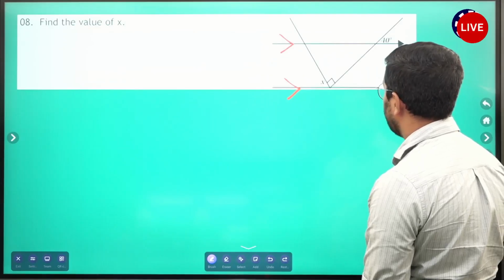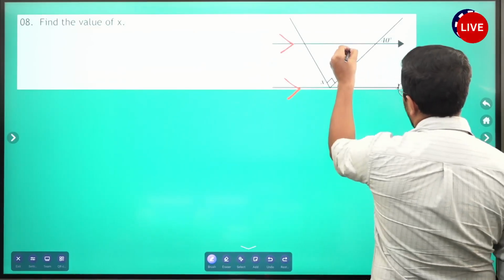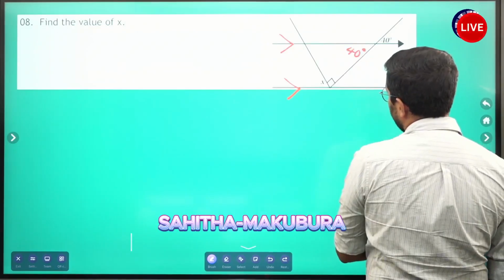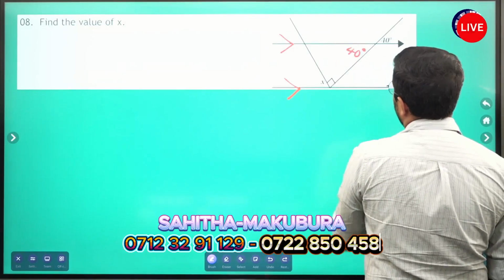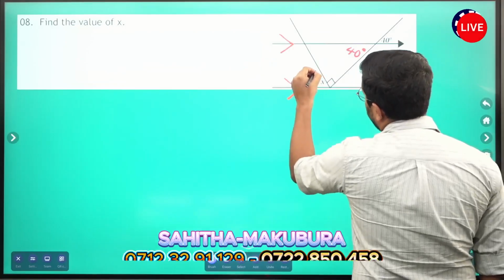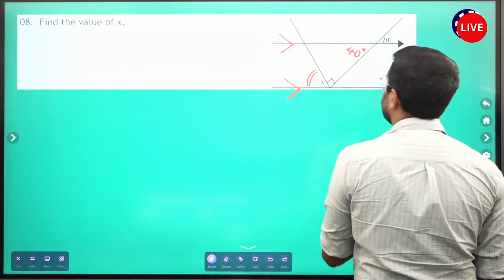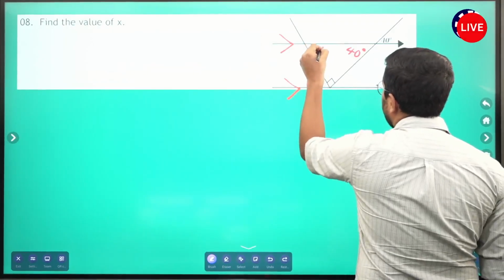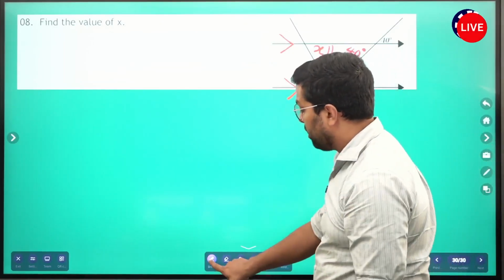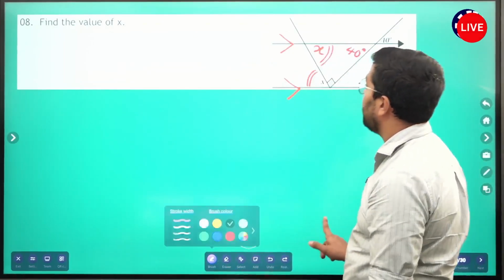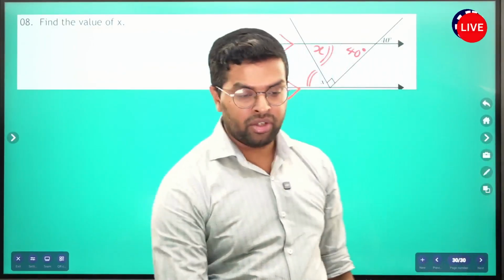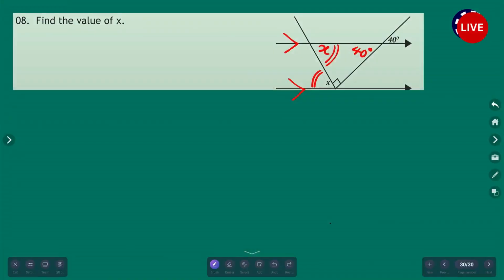And also the magnitude of this angle is 40 degrees because these are vertically opposite angles. If the magnitude of this angle is x, we can consider the magnitude of this angle is also x because the alternate angles are equal in magnitude, right? So considering this information, we can find out the value of x.